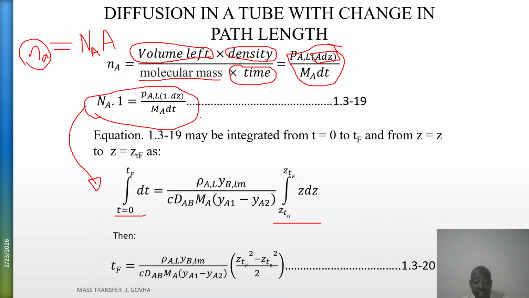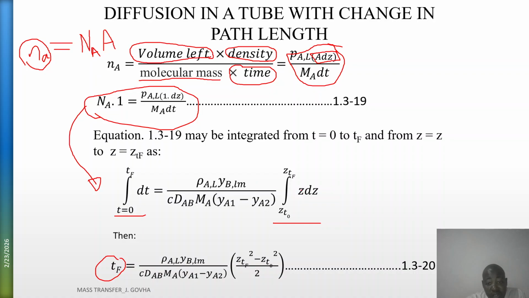But before we integrate, we need to make sure that we substitute for NA, then make dt the subject of the formula. Then we can integrate. Integration of this will give us tF equals rho A YB log mean over C DAB MA (YA1 minus YA2) times (zF squared minus z0 squared) over 2.